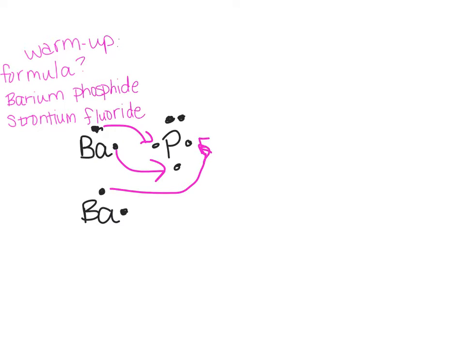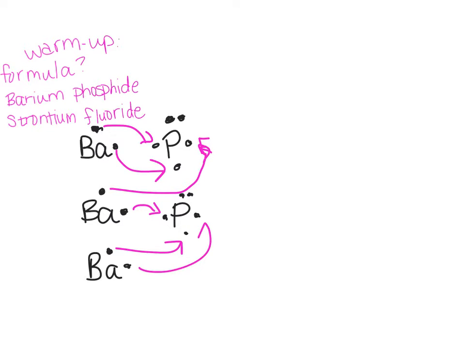And then now we have the problem that barium needs to get rid of an extra one. So we're going to draw ourselves one more phosphorus. He's able to give that one away. Ah, darn it. Phosphorus needs 2 more. So we're going to draw one last barium to supply those last 2. And then that should be it.